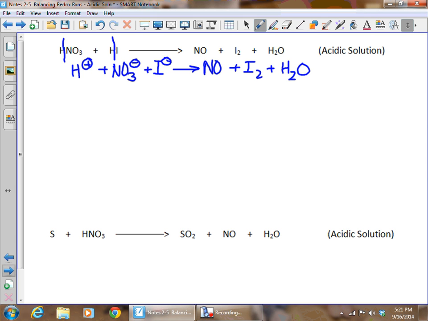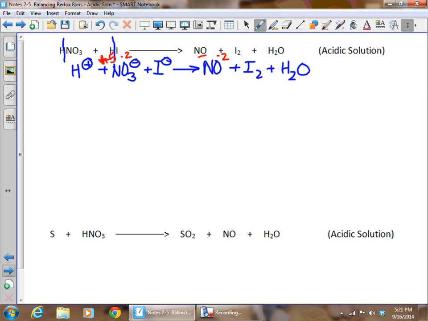So let's look at our oxidation numbers or charges. Hydrogen's already +1. We know oxygen's a -2, which if we have a total -6 charge here, and nitrate, remember, it has to be set equal to its charge of -1. So that means nitrogen's got to be a +5. We've seen that before. Iodine is already showing as a -1.